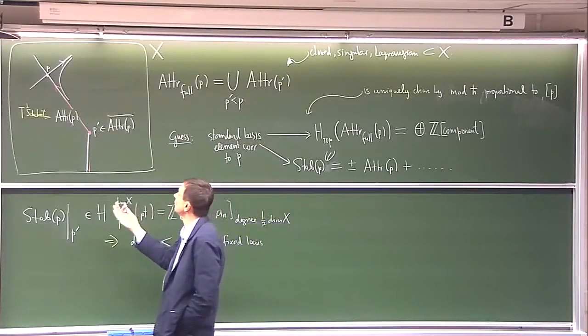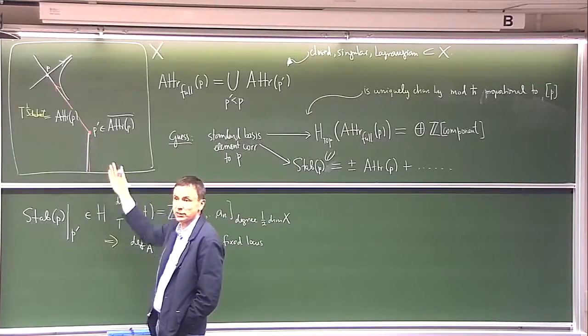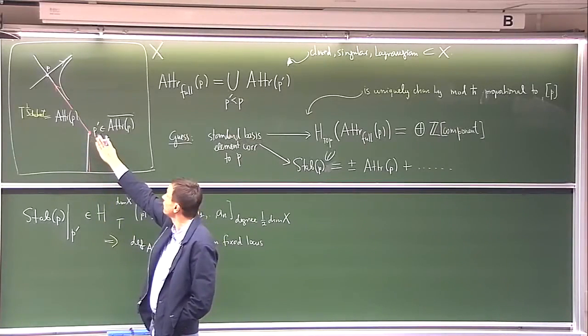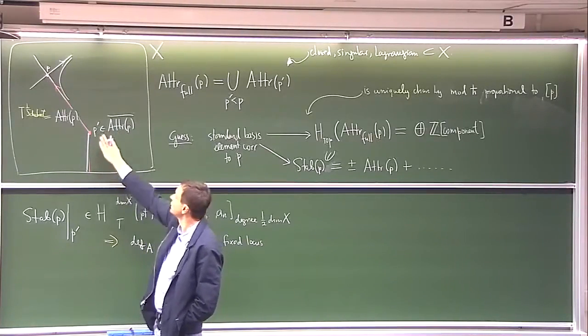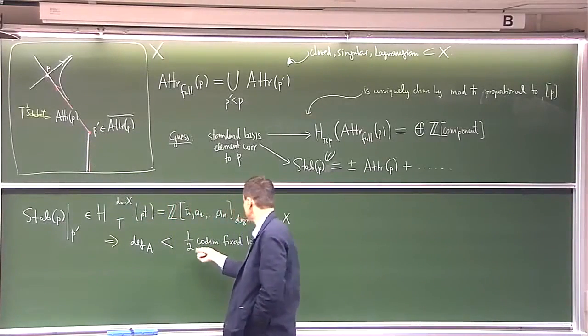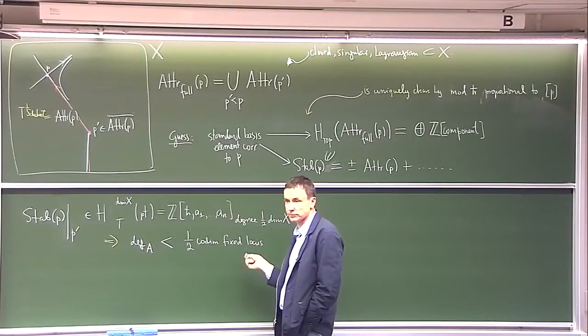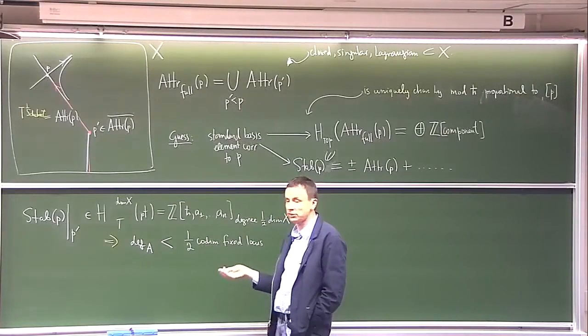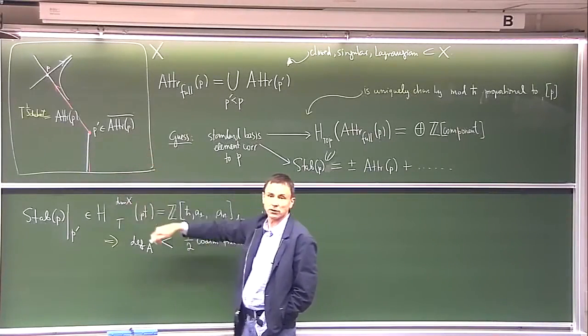It means it factors through the inclusion of this fixed locus here. The inclusion of this fixed locus already contains multiplication by all normal weights. And this is a polynomial. Multiplication by all normal weights is a polynomial of this degree. Okay. So no class whose restriction has less than this degree can be supported on this.